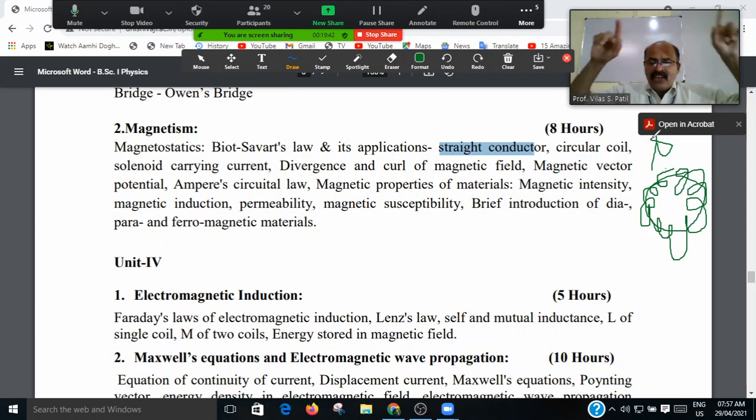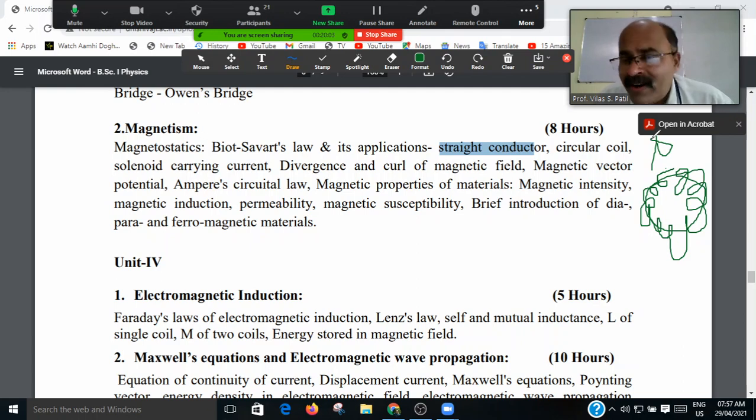Consider that an insulator is there. On the circular insulator the coil is wound, and through the coil current I is flowing. Then we know that if the coil carries current I, then magnetic induction is formed.